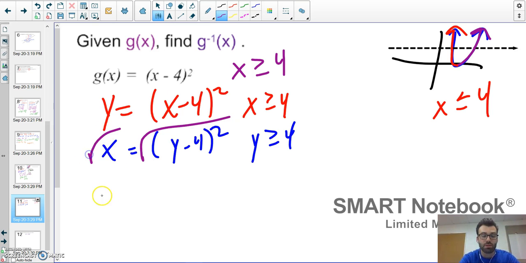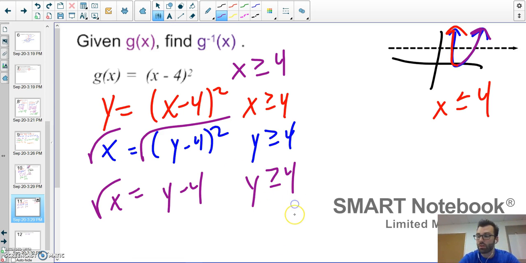Square root both sides. Square root of x equals y minus 4, where y is greater than or equal to 4. Or excuse me, let's call it plus or minus. We'll circle back to that one. And then I add the 4 to the other side.